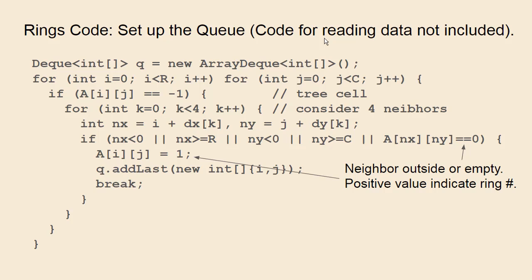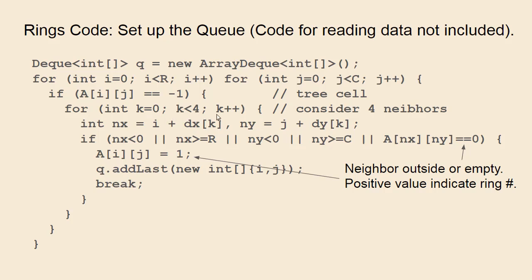on the input data. The code on this slide is for finding out the outermost border, so all the cells that should have a value 1. We start by creating a deque, and then we scan through all the cells. For any cell that is a part of a trunk cell, we will look at its 4 neighbors.